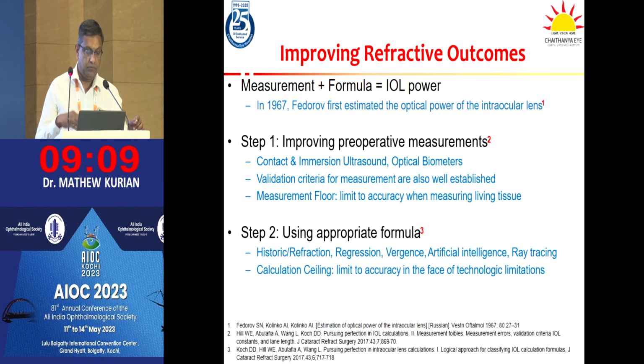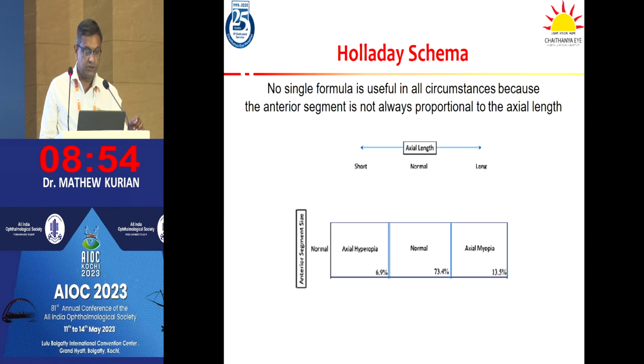Then we have to look at the various formulae that are there. We started from the historic refraction formulae to regression, vergence, AI formulae, and ray tracing formulae. And there again, we are slowly approaching what we currently believe may be the calculation ceiling, which is the limit to accuracy in the face of technological limitations.